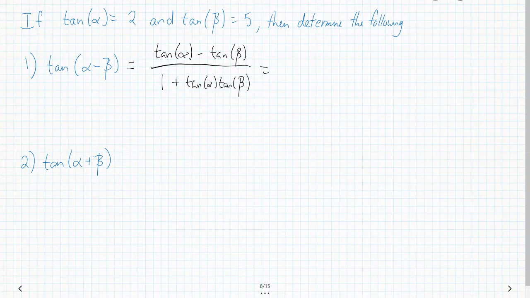And so alpha is 2, beta is 5, and this is 1 plus 2 times 5. So it should be negative 3 over 11, and you're done.